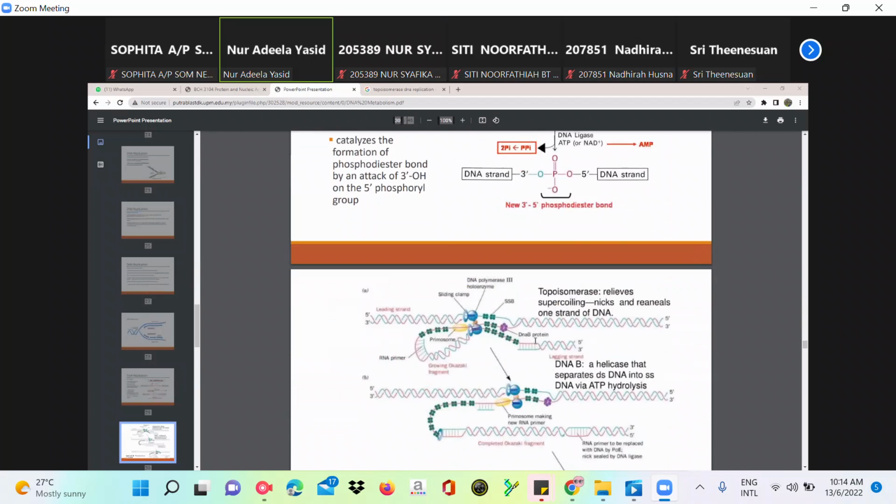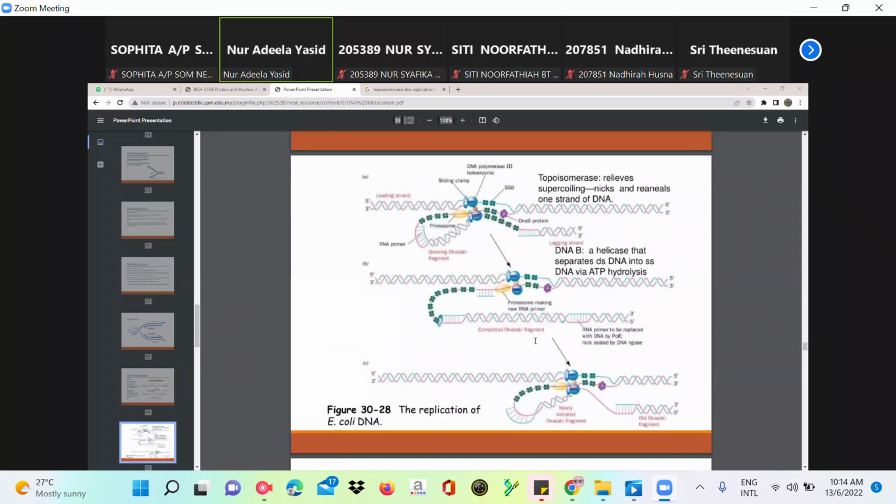If you look here, this is another figure that explains the replication of E. coli DNA. Helicase is the general name of the enzyme that unwinds the DNA, but it has a specific name, DnaB.